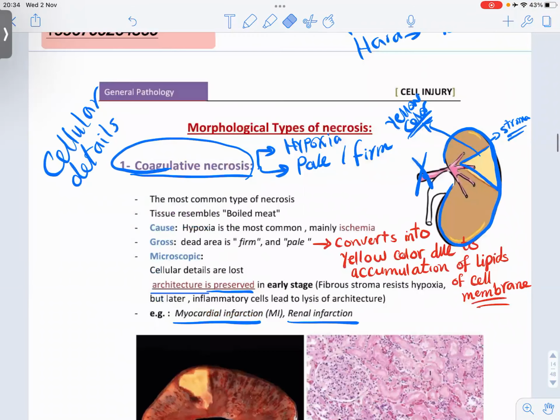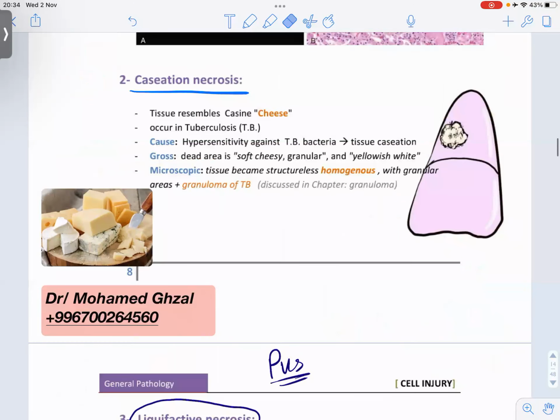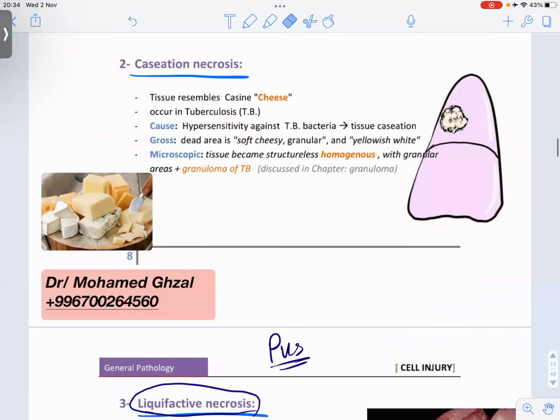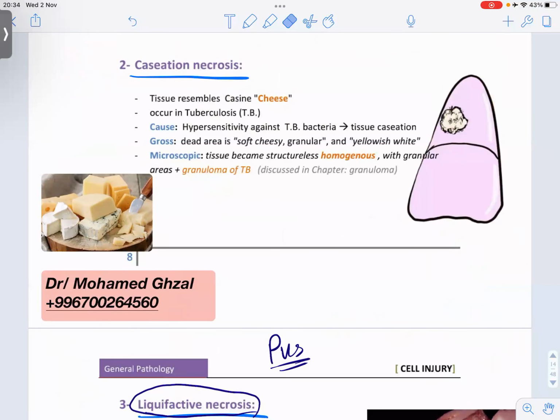First one is coagulative necrosis. Second, caseation. Third, liquefactive. Fourth, fat necrosis. And the fifth one, we don't consider like necrosis. It's called fibrinoid, fake necrosis. And in each type, we have to know three things: cause, the shape, and example.